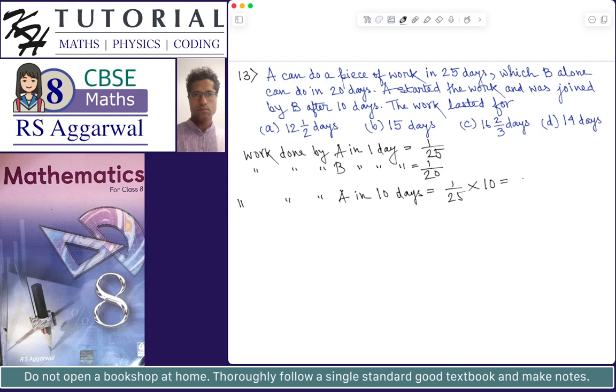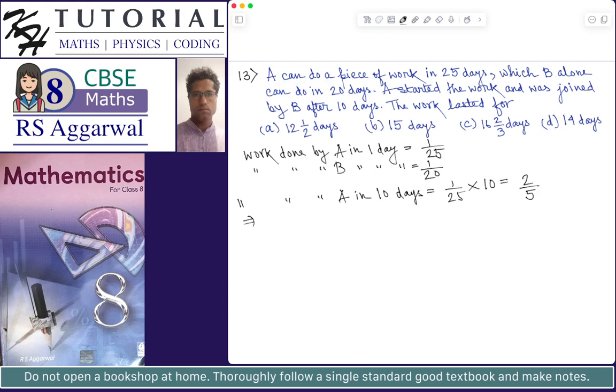This is equal to 2 by 5. So 2 by 5 was done in 10 days by A. Now what is 2 by 5? 2 by 5 basically means this fraction of the total work was completed in 10 days.